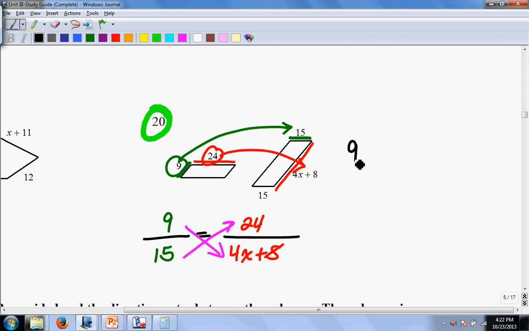So I have 9 times 4x plus 8 equals 15 times 24.